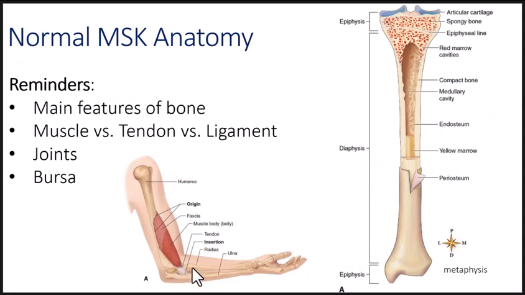This would be unlikely to happen in this area, but just to give you an example of what an avulsion fracture would look like, this tendon is very strongly connected to the bone. If the tendon pulls off the bone, it can sometimes take some of the bone with it. That is called an avulsion fracture.